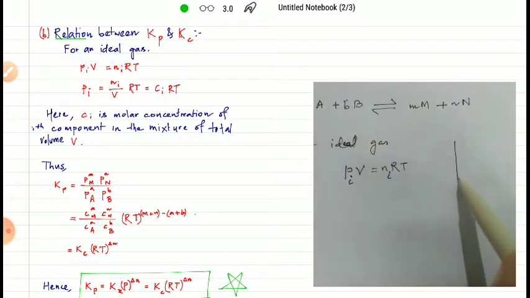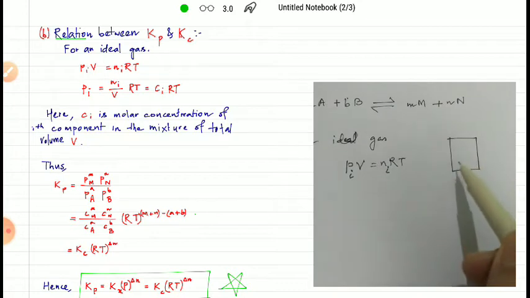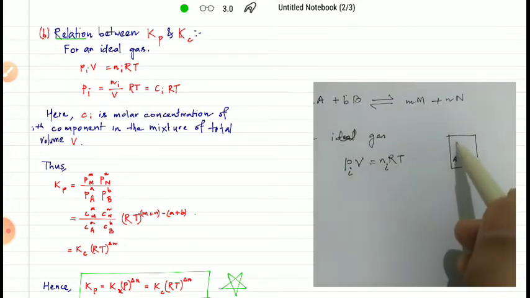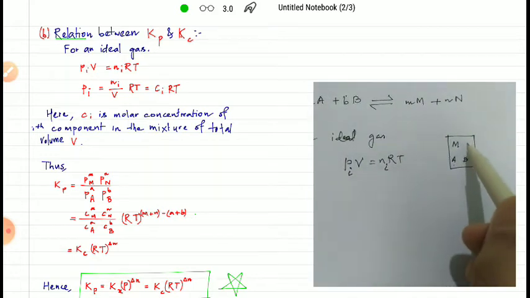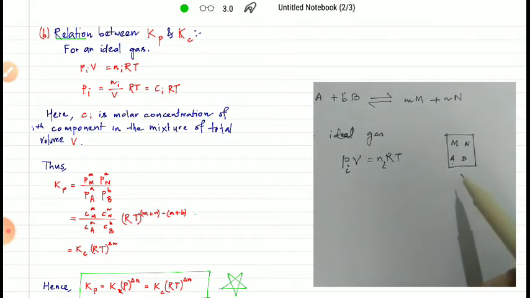Let's suppose this is your reaction chamber, where the reactions will occur. A and B are present there, they react and form M and N, and at equilibrium all of them are present.